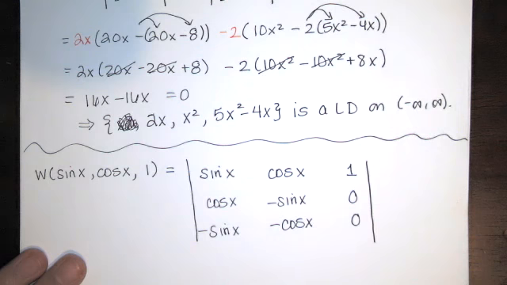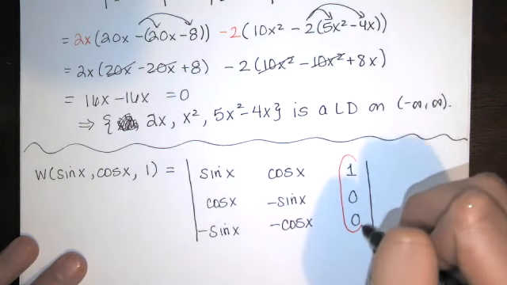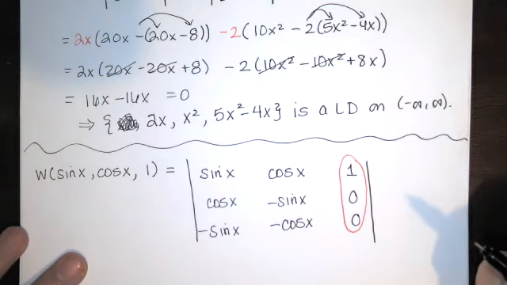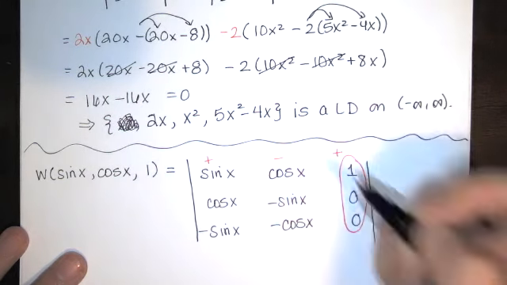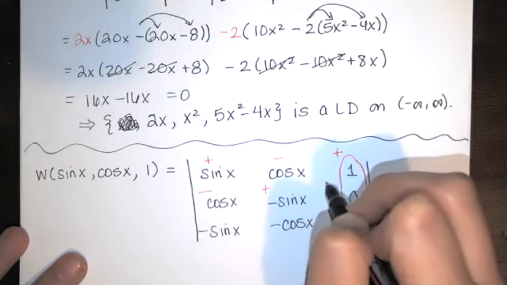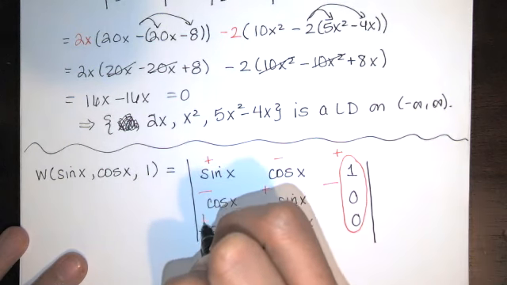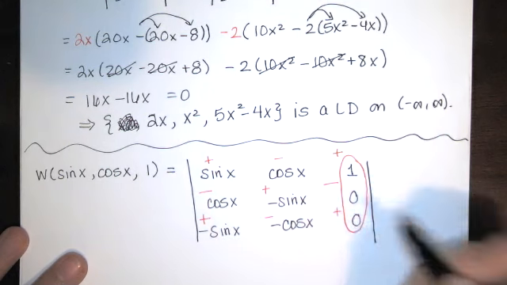I see that column of zeros, so I'm thinking, let's expand along that column. Use the sign convention: plus, minus, plus, pick up where you left off, minus, plus, minus, pick up where you left off, plus, minus, plus.